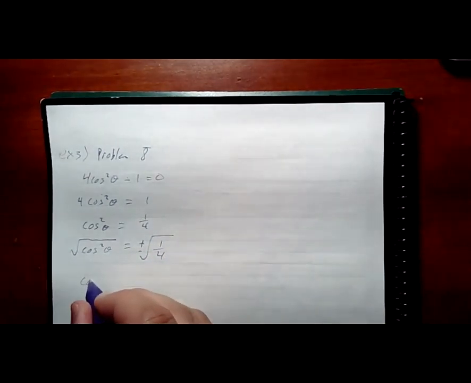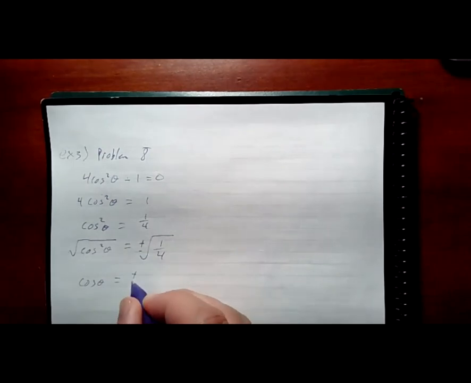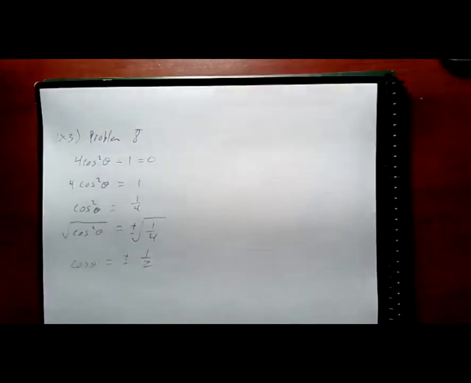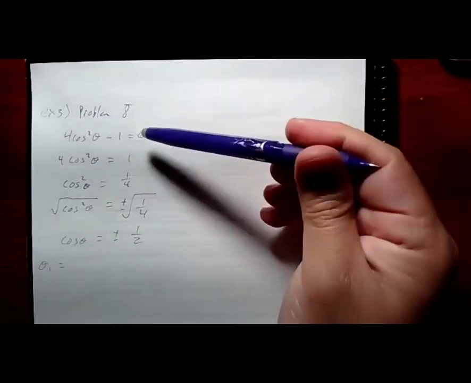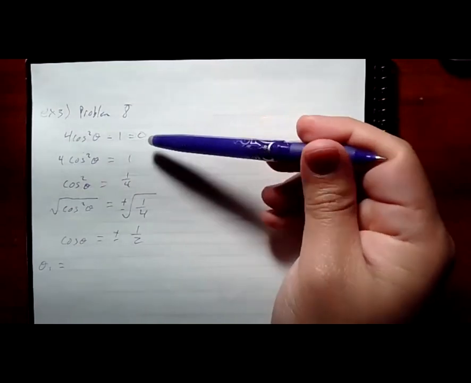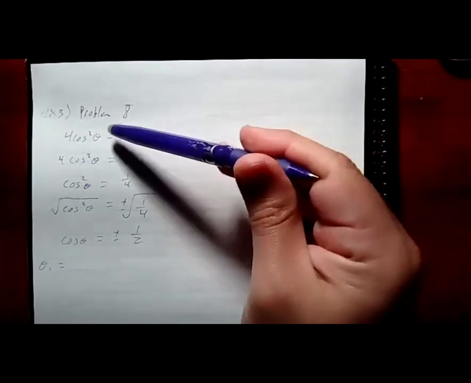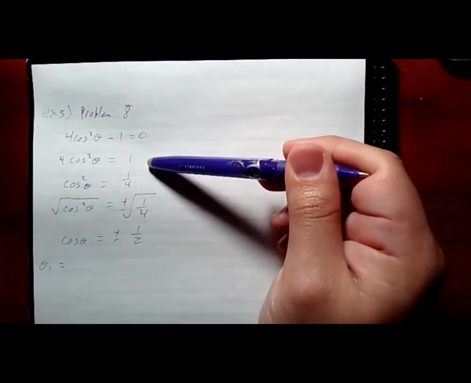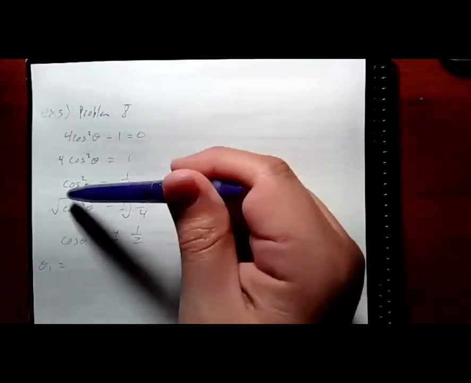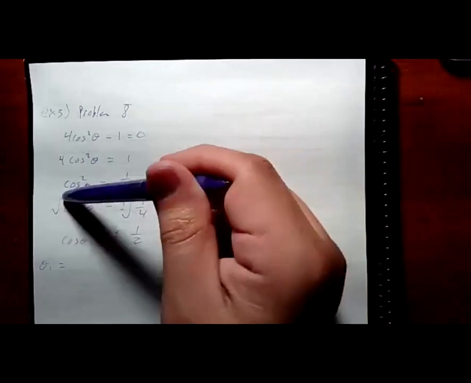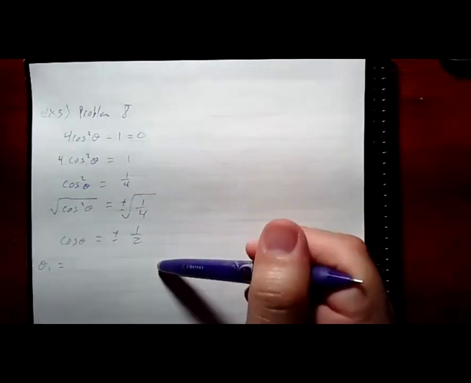So cosine theta is equal to plus or minus 1/2. So we're going to write down all the angles where that happens. In case you missed the algebra, adding 1 got me to here, dividing by 4 got me to there, and square rooting both sides got me to here.